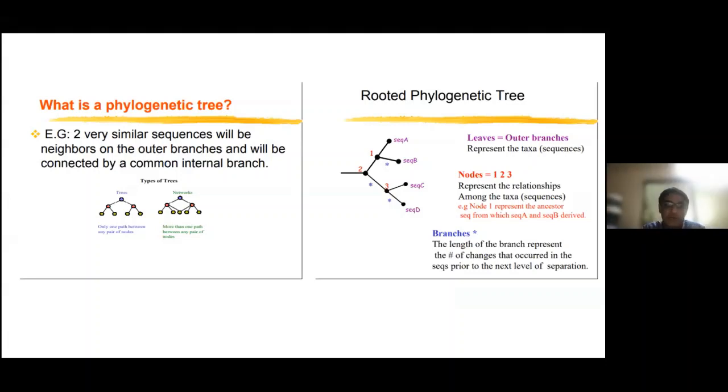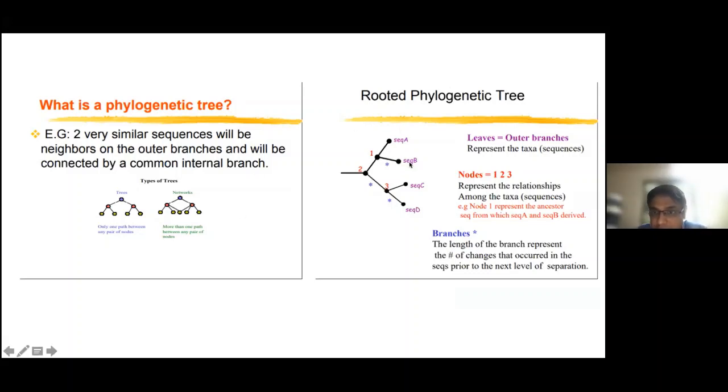But if you don't know which one is the ancestor, then we can't create a rooted phylogenetic tree. In that case, the software itself finds the divergence between sequences, takes the two most divergent sequences, and finds which one is the middle. Then it makes the middle one the root.